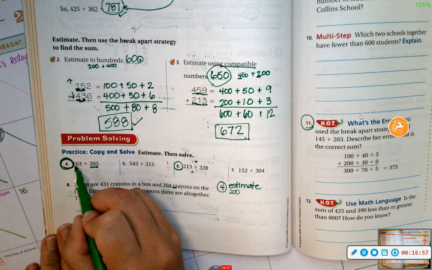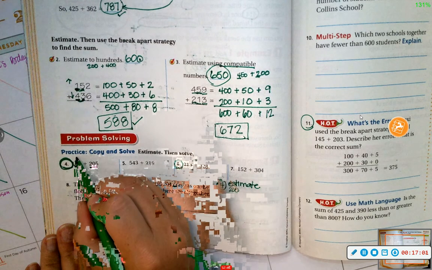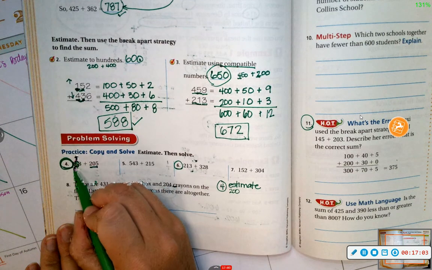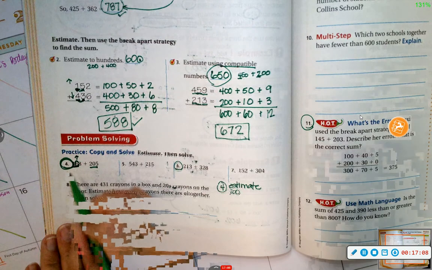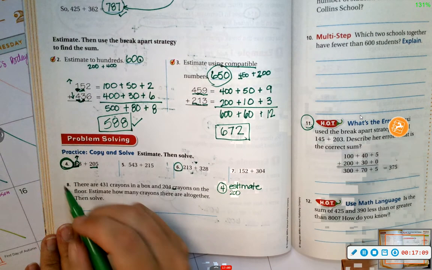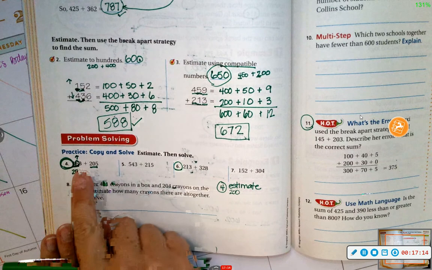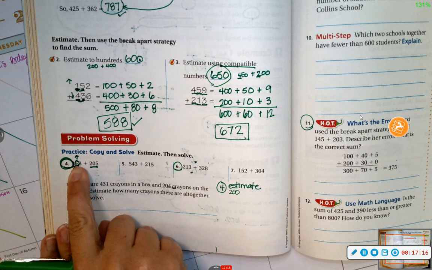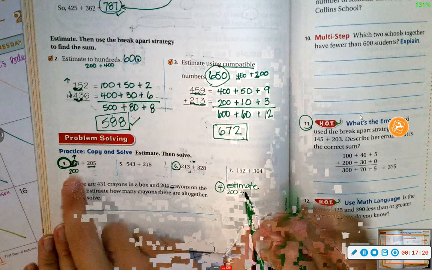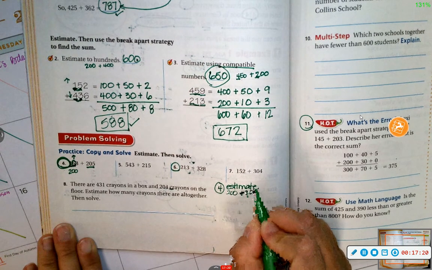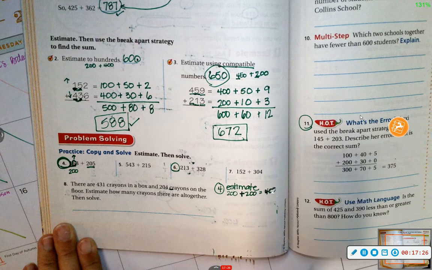It rounds up to 200 because if I look next door, the 6 tells me I want to round up. So instead of being 100, you would go up to 200. Okay? So you could do it that way. You could also say this is close to 150 or 175. But I'm just going to go ahead and do 200 plus 200, and so my estimate would be 400.